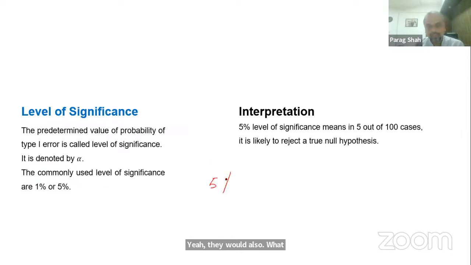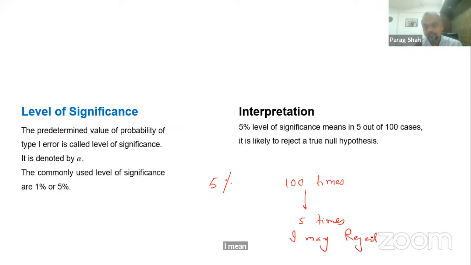So what does this mean? Suppose I take alpha as 5%. It means if I do this hypothesis testing 100 times, 5 times I may reject a true null hypothesis.